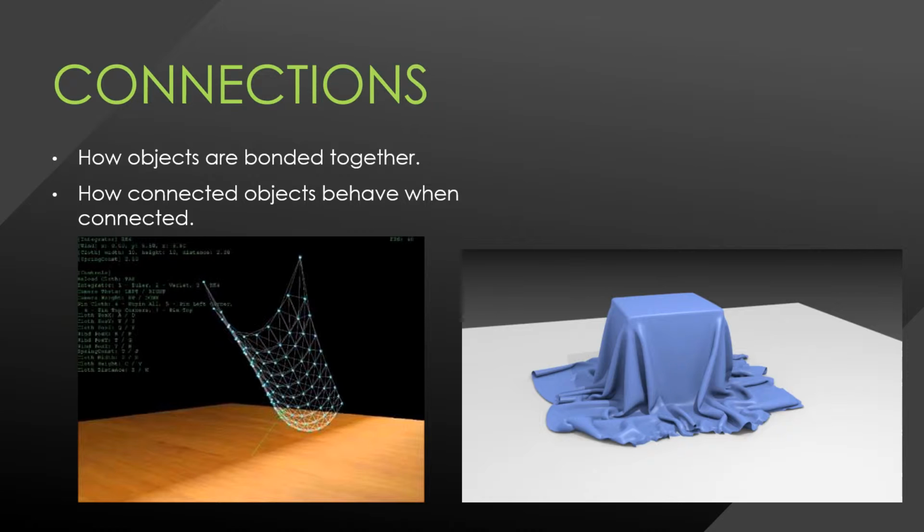Connections are what really makes a physics engine a physics engine. Connections are how to make just about any object, and it's how they're bonded. These, what we'll call strings, keep objects together. Connections can be various strengths and various elasticities.